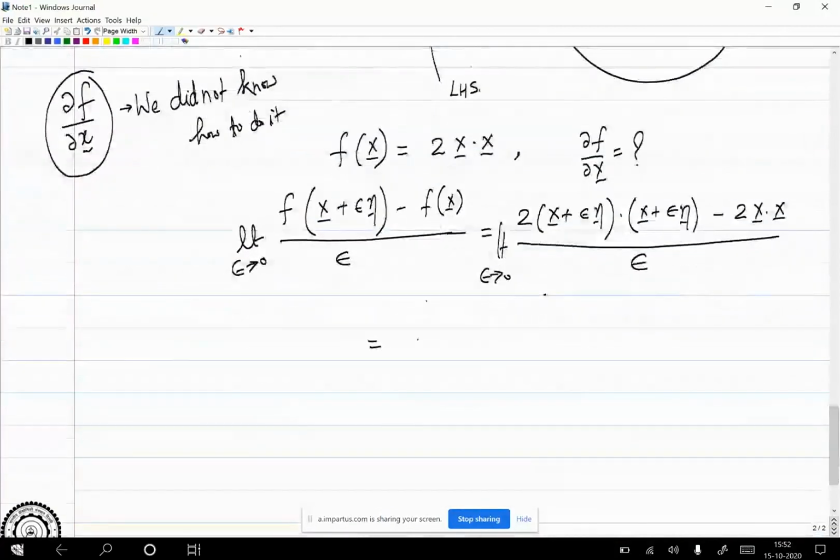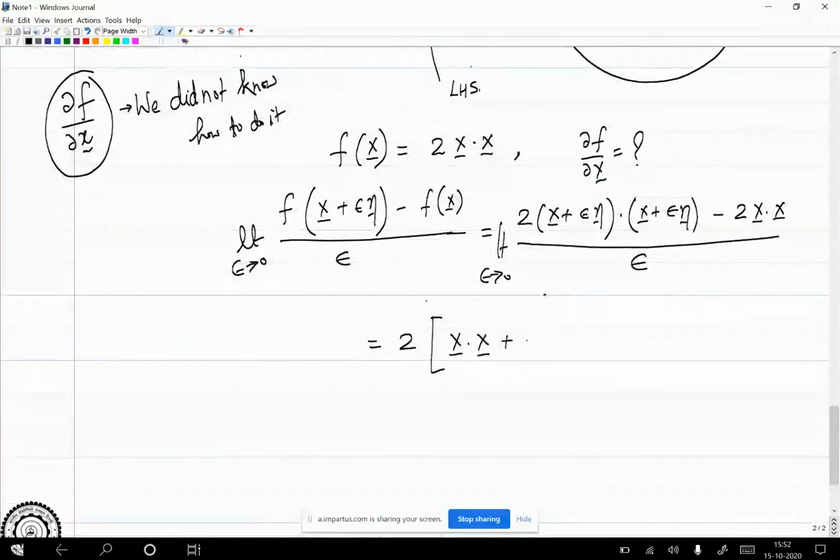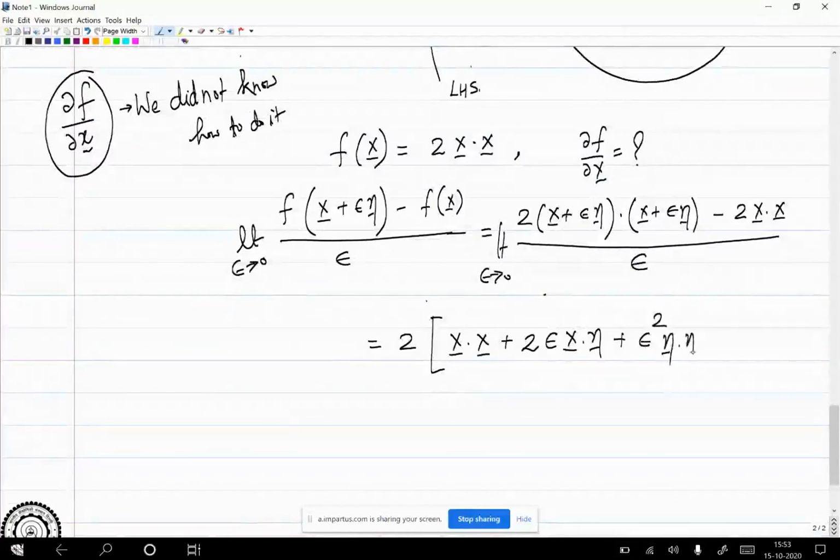So this is then equal to, now we know how to do this dot also, right? So this is 2 times x dot x plus 2 epsilon x dot eta, correct? Plus epsilon square eta dot eta. Is that fine? And then you have this minus x dot x also.